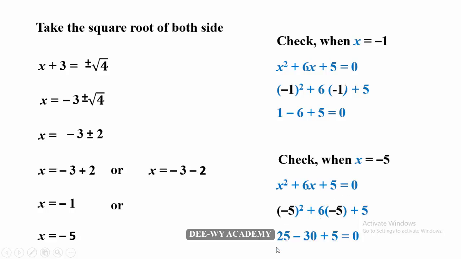Minus 5 raised to power 2 gives 25, which means minus 5 times minus 5 will give us 25. 6 times minus 5 will give minus 30, and we have our plus 5. 25 minus 30 is minus 5, and minus 5 plus 5 is equal to 0. This also shows that our minus 5 satisfies the equation, which means that the value x is equal to minus 5 is correct. Let's go to the next example.